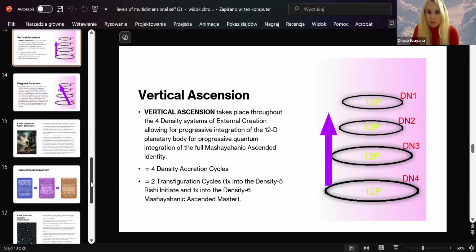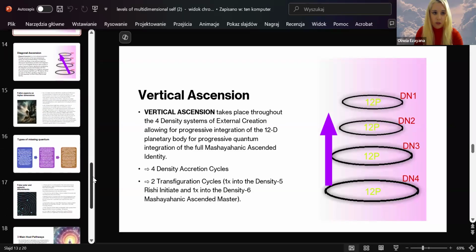So the vertical ascension takes place throughout the 4 density systems of the external creation, allowing for the progressive integration of the 12-dimensional planetary body, for progressive quantum integration of the full Mashayanic ascended identity.